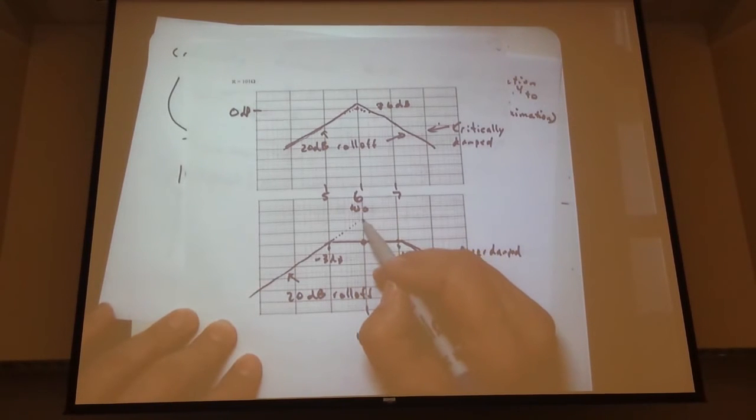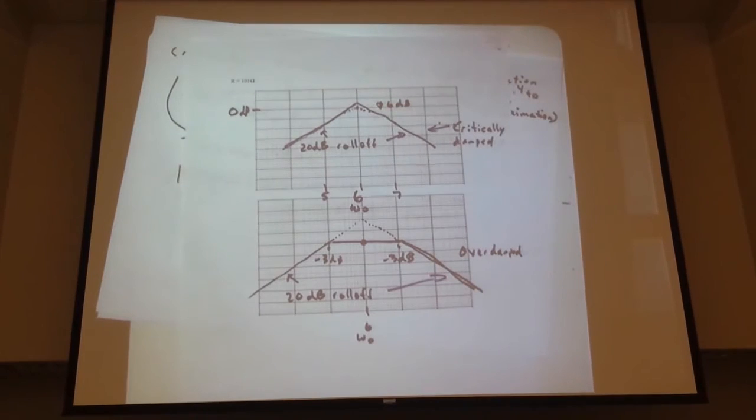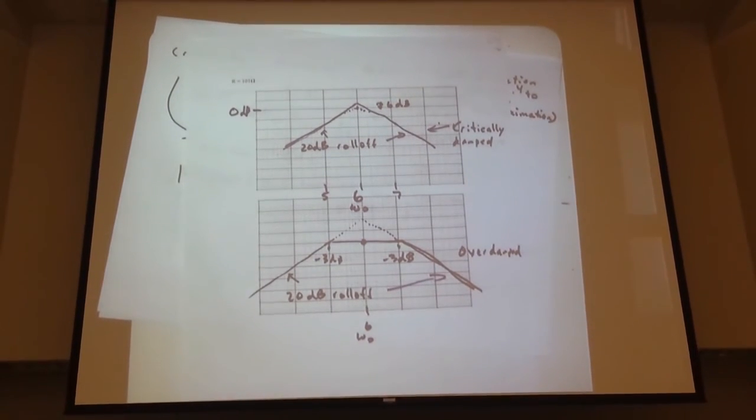Well, I could do something a little bit silly, and why not? I could draw those straight line approximations extended, so that looks a little bit like what we have up here. I could take these roll-off lines, extend them, and find the vertex.